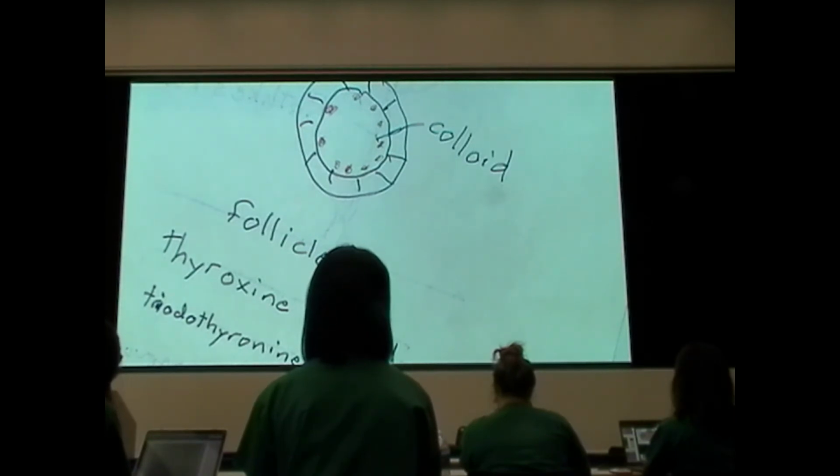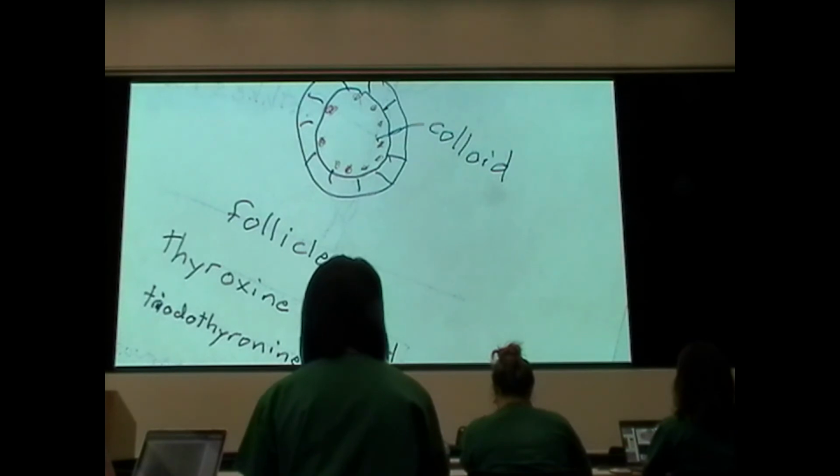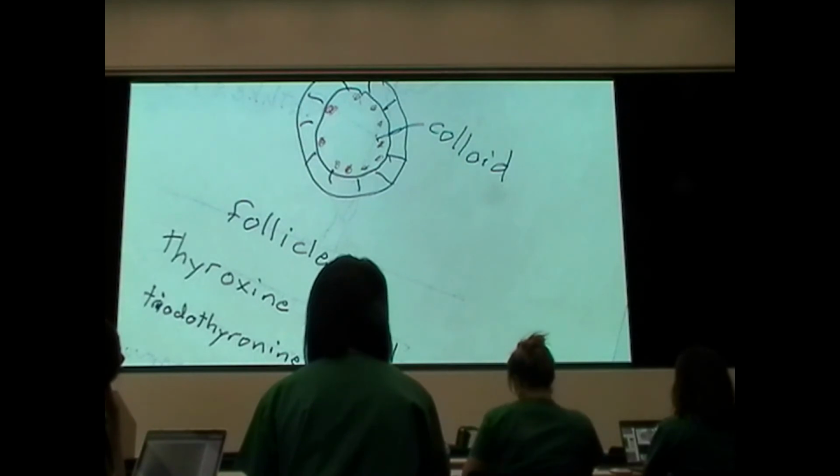Again, if thyroid hormone is required, the follicular cells will send pseudopods into the colloid, grab a chunk of it after it has been iodized, take it into the cell, break it down by lysosomal activity, and two of the amino acids that made up that iodized thyroglobulin are thyroid hormones, T4 and T3.